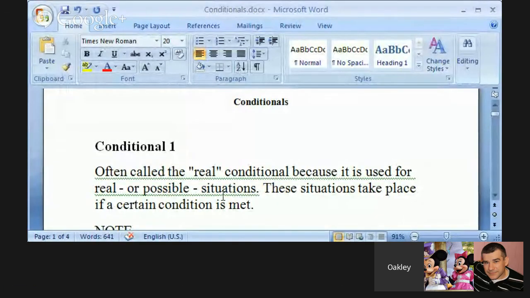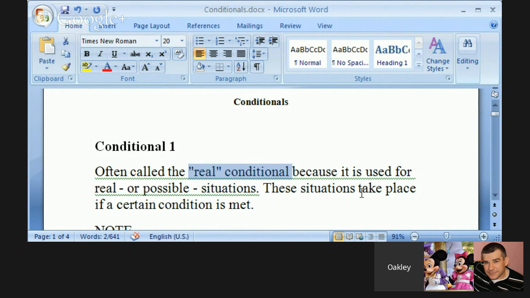Okay, conditional one, often termed the real conditional. It's real because it's used to talk about real or at least possible situations. Conditional sentences are used with if clauses, or sometimes negatively, unless clauses.